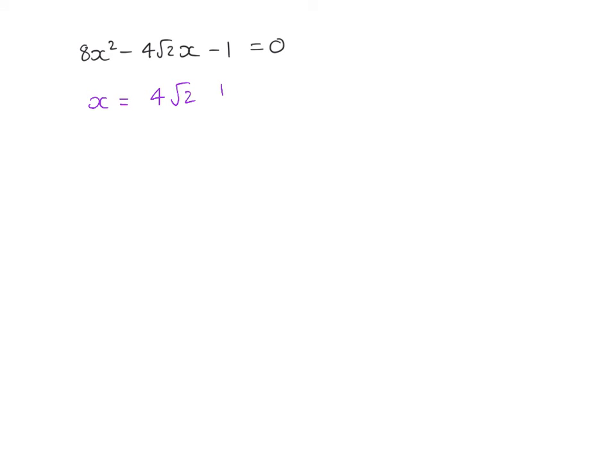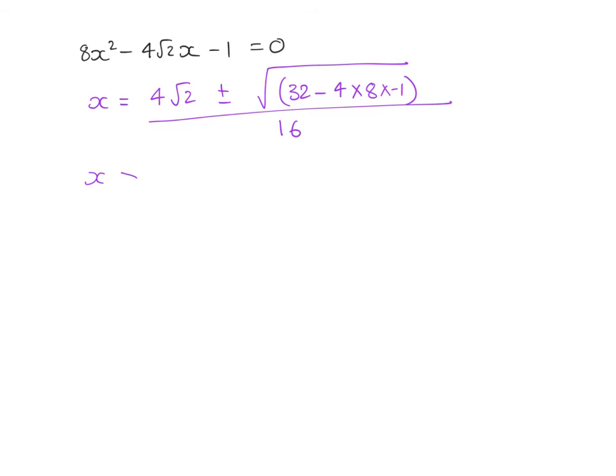So minus b plus or minus the square root of b squared, which is 32, minus 4 times 8 multiplied by negative 1, all over 2 eighths, which is 16. Now, we know that x has got to be greater than 0 because x is equal to A squared. So it's a squared value, which means it has to be positive or greater than or equal to 0.